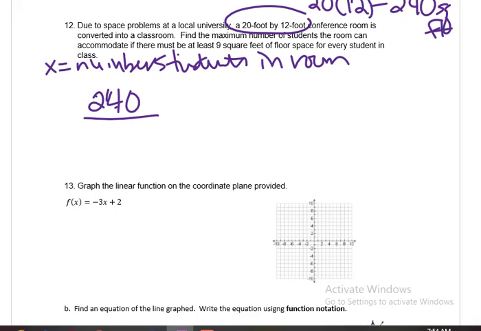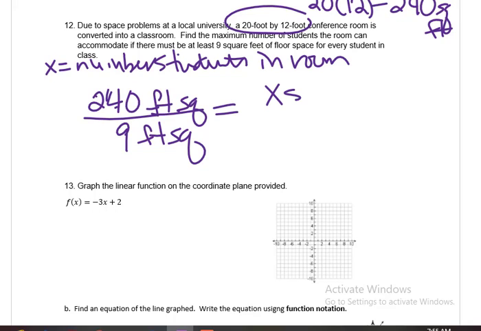All right. So what we can say is that 240, that's the square feet of the room, is to 9 square feet, or feet squared, as X students are to 1 student.